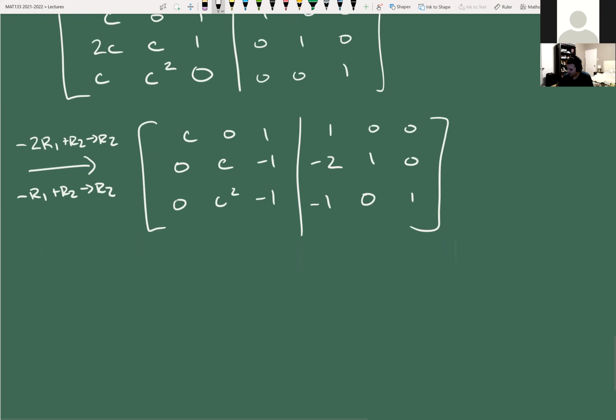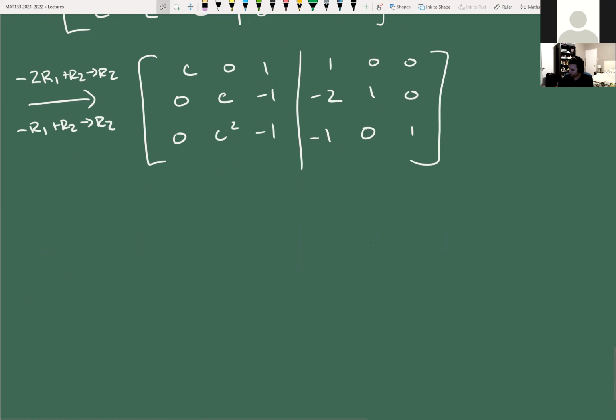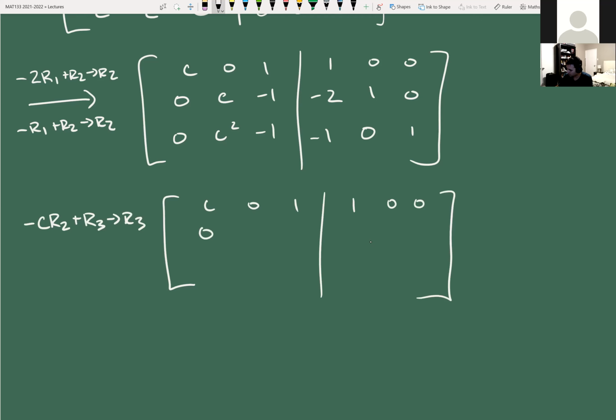Okay. And then I'm going to do -C times row 2 plus row 3 into row 3. So C, 0, 1, 1, 0, 0, 0, C minus 1, -2, 1, 0, 0, 0. Okay, so -C gives me C minus 1.